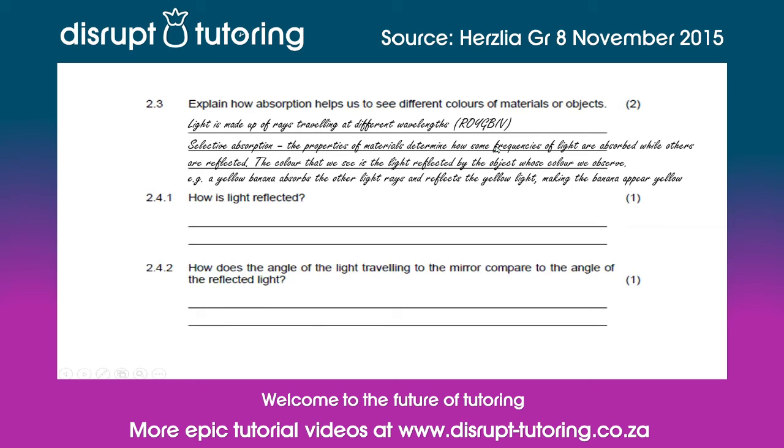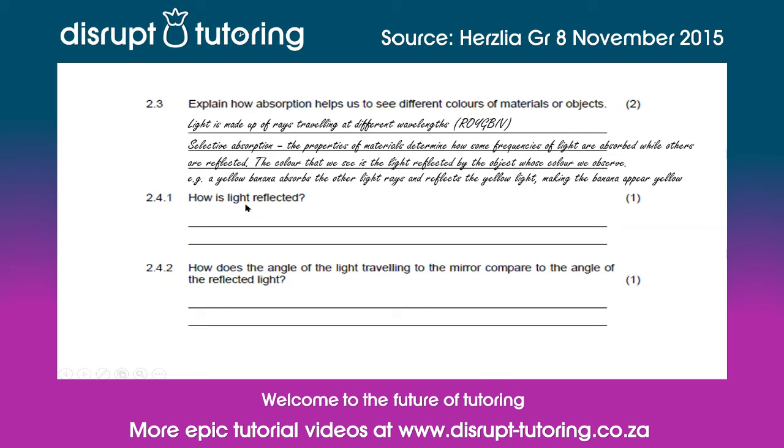Now, just for interest's sake, if an object absorbs all the colors in the spectrum and does not reflect any back, that object appears as black. And if an object is reflecting all of the colors or the light in the spectrum, the object appears as white. Just a little extra for later.